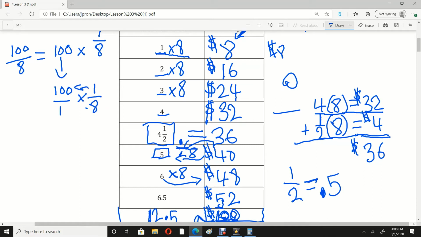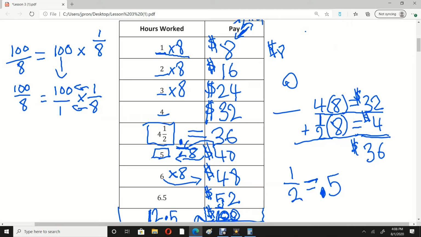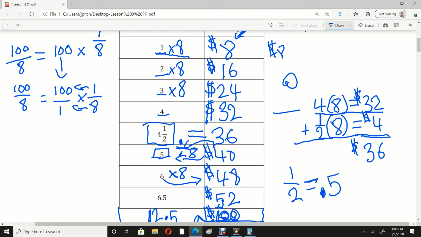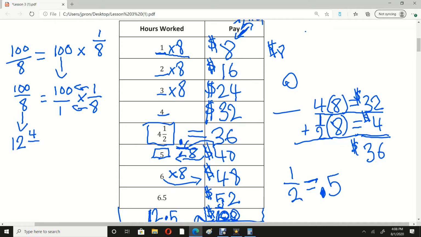So we multiply tops times tops, bottoms times bottoms, numerators times numerators, denominators times denominators, and we get 100 over 8. We simplified this by dividing 100 by 8, which got us 12 and 4/8, which equals 12 and 1/2, which equals 12.5.